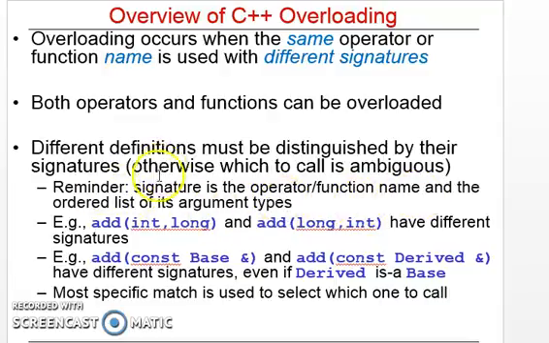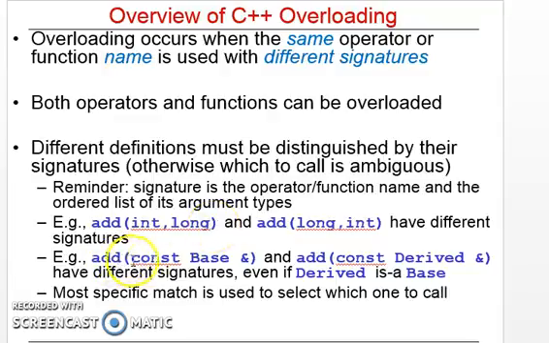For example, you can see it on this slide. We have taken two functions, add with parameters int and long, and a second function with the same name add, whereas the order here is different. The first parameter is long and the second parameter is int. Now these two functions have different signatures. So this part is called the signature, add int comma long. This is one signature of one function.